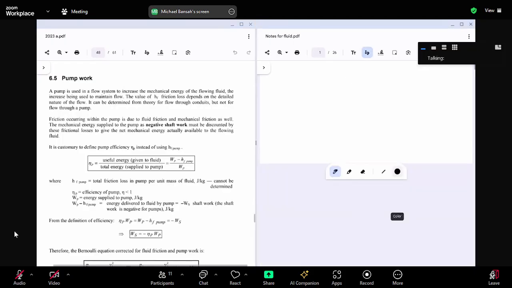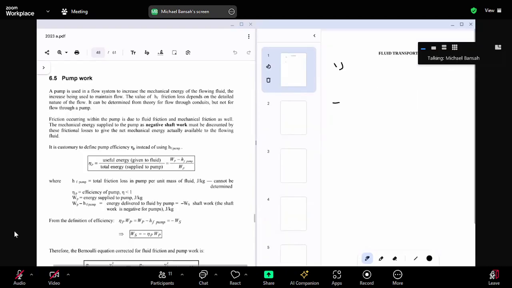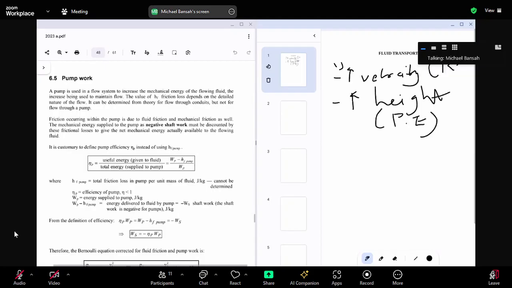Three things. One, it can increase the velocity, as kinetic energy to a certain extent, in some sense.